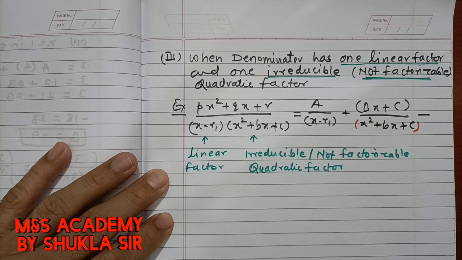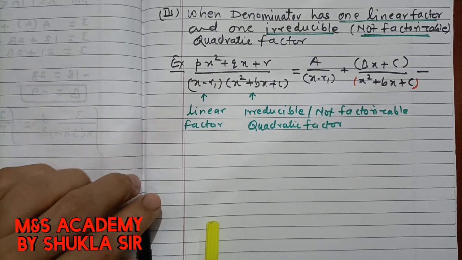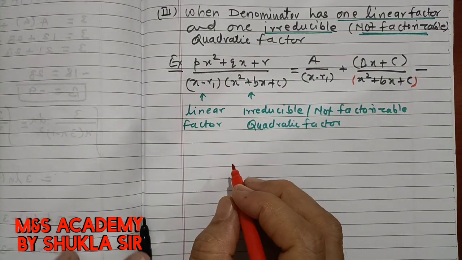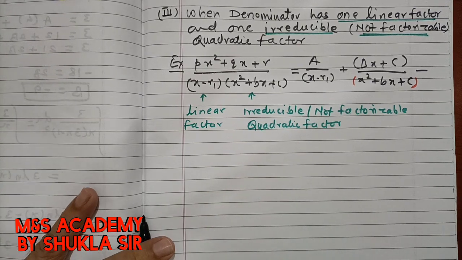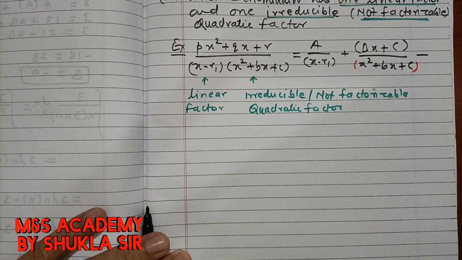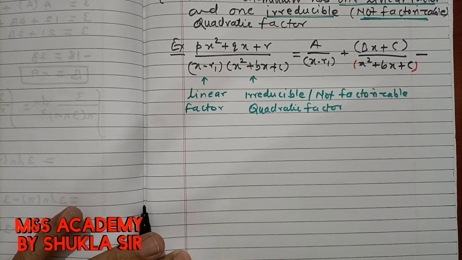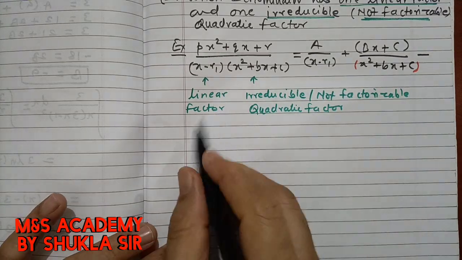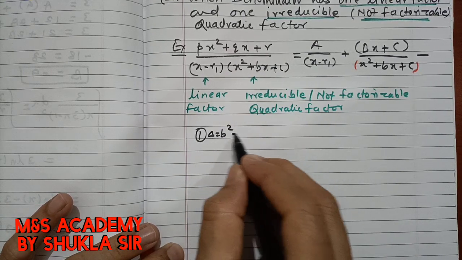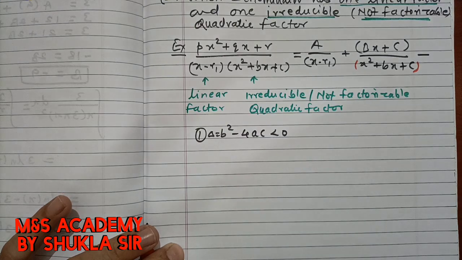Now as a student, how do I come to know whether that quadratic is factorizable or not? It is very simple, there are only two types of problem which are not factorizable. To check whether it is an irreducible quadratic factor, the first one is the discriminant delta, b square minus 4ac, being less than 0.